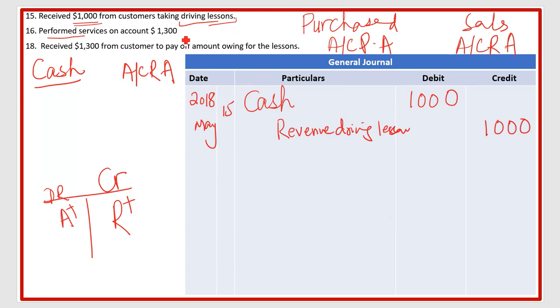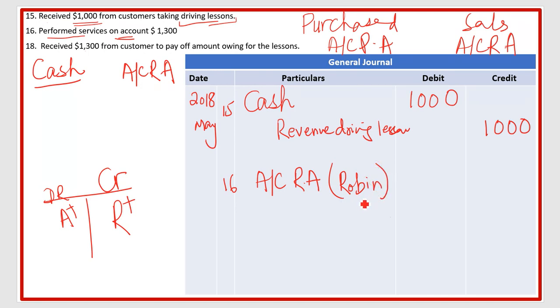We perform the services, we provide the lessons to the students, but the student says that they will give us 1300, maybe next month. So when we perform services on account, you have to write down the date, accounts receivable, that you have to receive the amount. And from whom? You have to write down here. I will say from Robin.